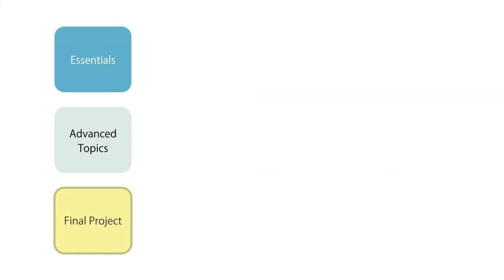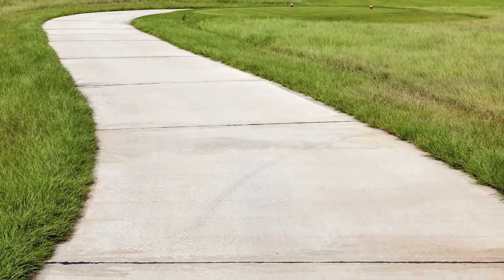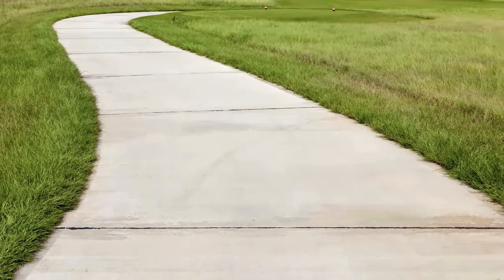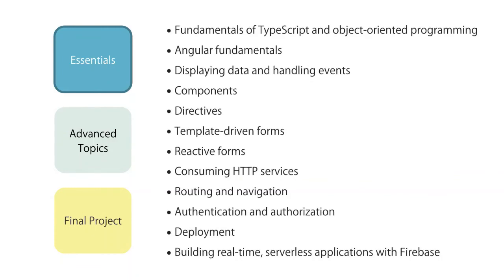Now, I understand that you might be busy and not have enough time to watch the entire course, and that's perfectly fine. So I'm going to give you a shortcut that allows you to get the most out of the course within the shortest possible time. Start with the essentials. Watch all these sections in sequence, but feel free to skip the section called reactive forms because we're not going to use the materials in this section in our final project.